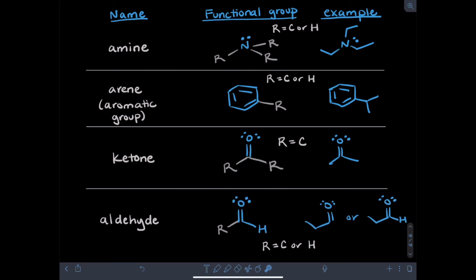If the carbon of your carbon-oxygen double bond is attached to a hydrogen instead, it's called an aldehyde. In terms of skeletal structures, keep in mind that the hydrogen of your aldehyde doesn't need to be drawn out, and that would make your skeletal structure look like this, but often you can choose to draw out that hydrogen, and I usually will, because I think it makes for a more attractive structure.